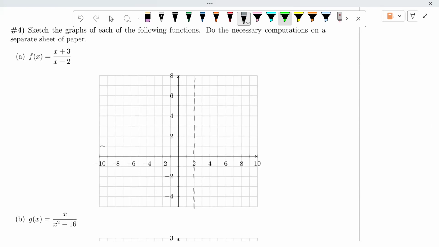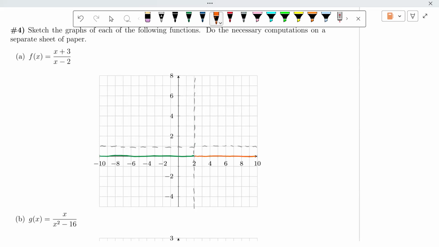And so the other one is that I have a horizontal asymptote here at 1, right? And I believe it is concave up. No, which one? Which way? Yeah, it is concave up here. It didn't straighten out for me.